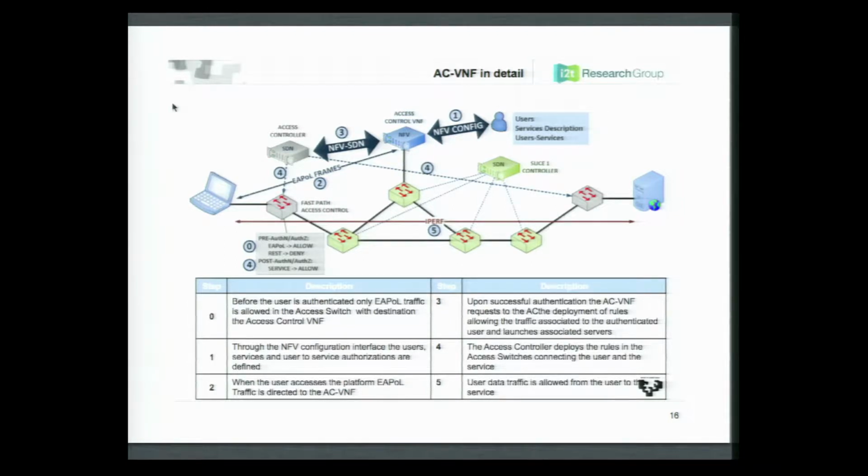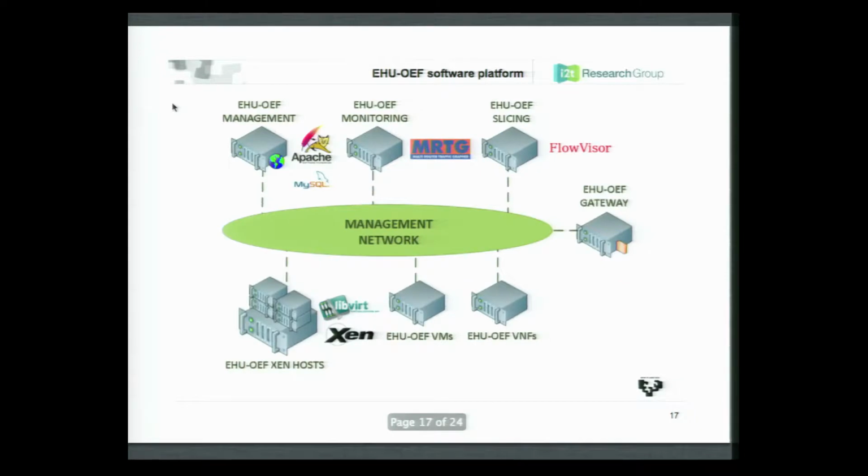And we must configure some users. And once this arrives here, you get the correct authorization. You get the path set up in all the controllers, and you are provisioned a slice controller. And I think that at a certain point, the better thing is to try to make a demo.